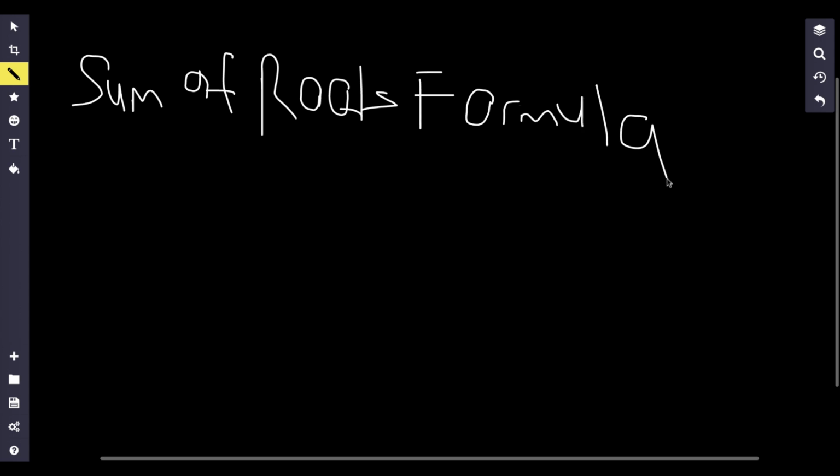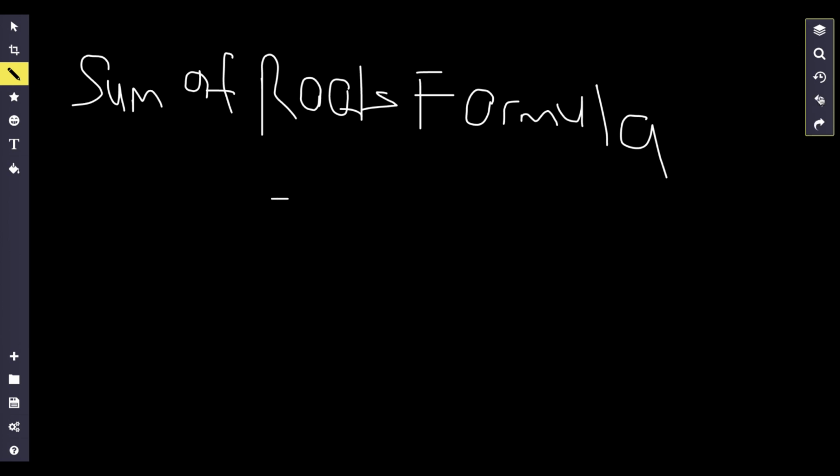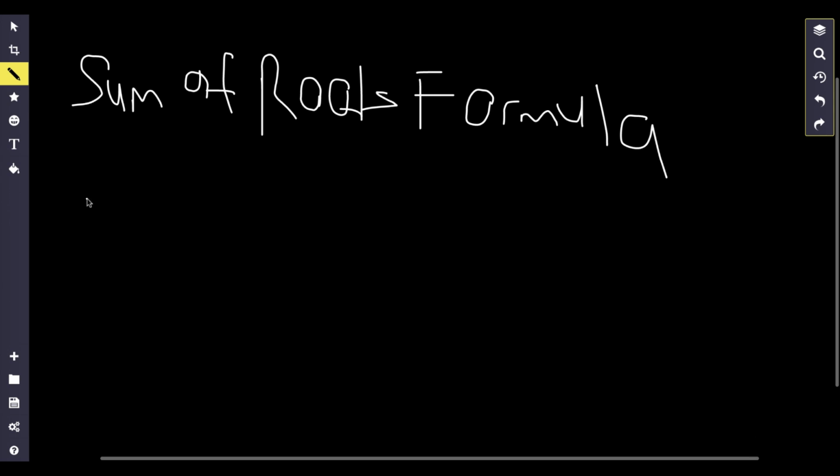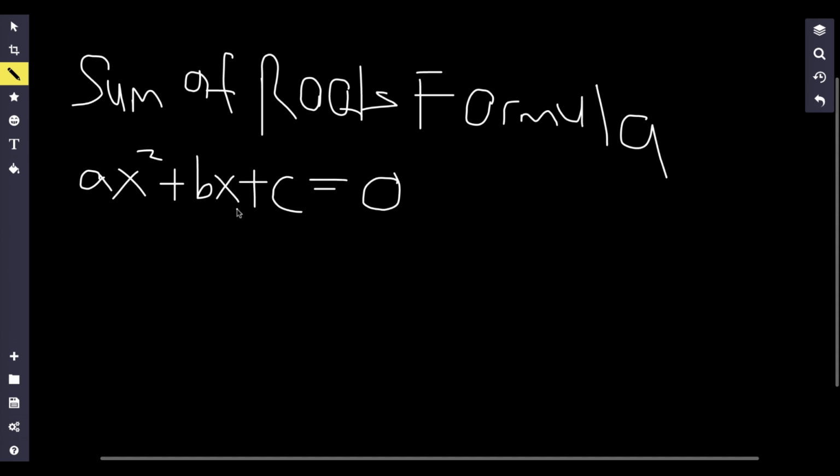I'm just going to prove why the sum of the roots in a quadratic equation is negative b over a, why this is true. So we know that if we want to find the roots of any quadratic equation, ax squared plus bx plus c, you can use the quadratic formula.